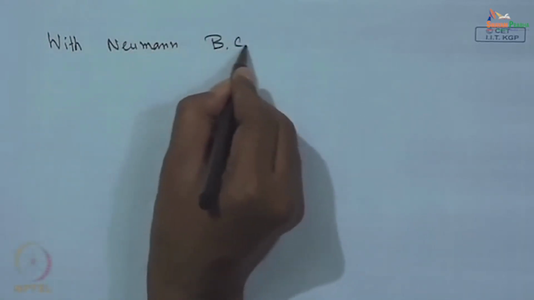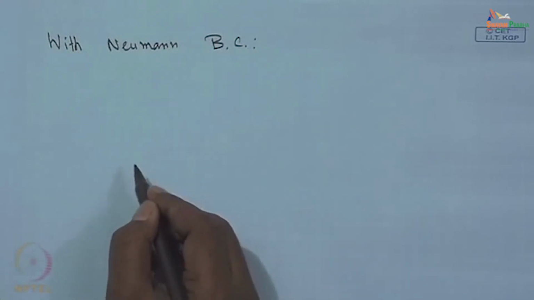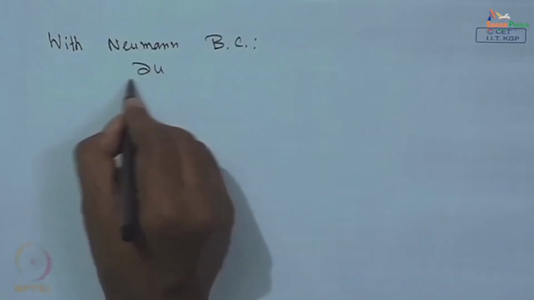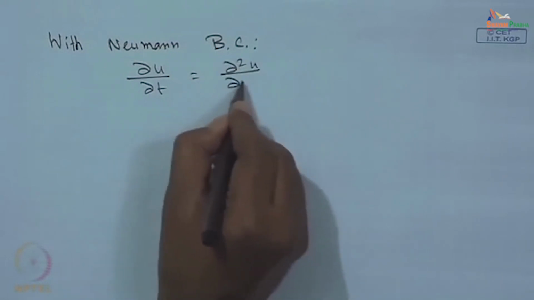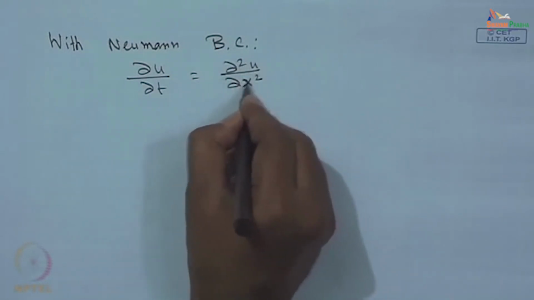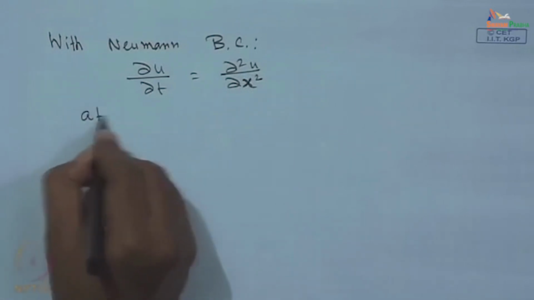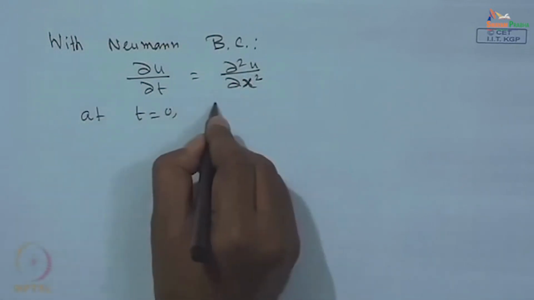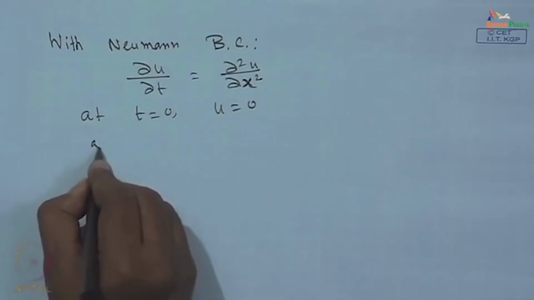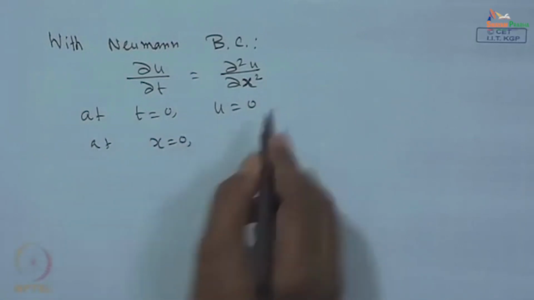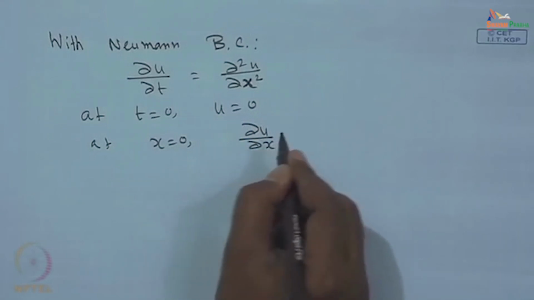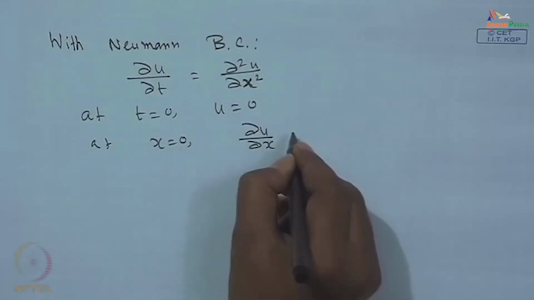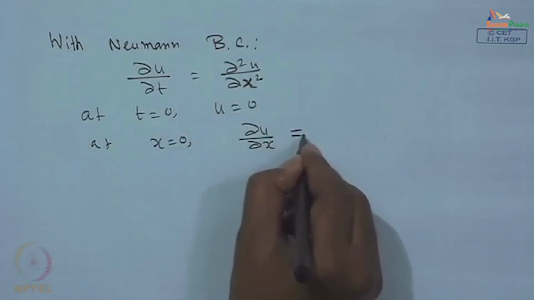With Neumann boundary condition, if we do that, we will be getting del u del t is equal to del square u del x square. At t is equal to 0, we have u is equal to 0. At x is equal to 0, we have del u del x is equal to 0, or let us say a constant heat flux.